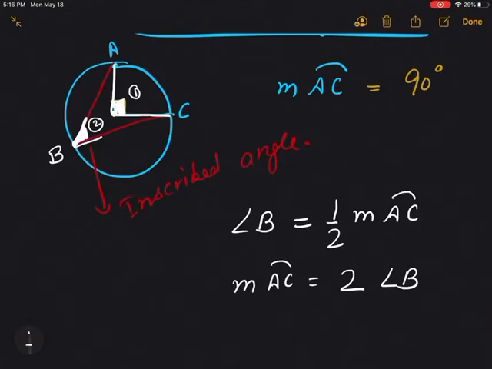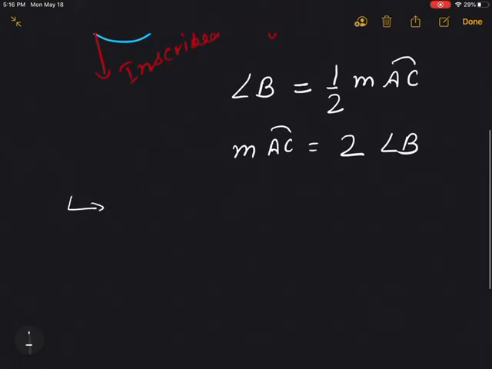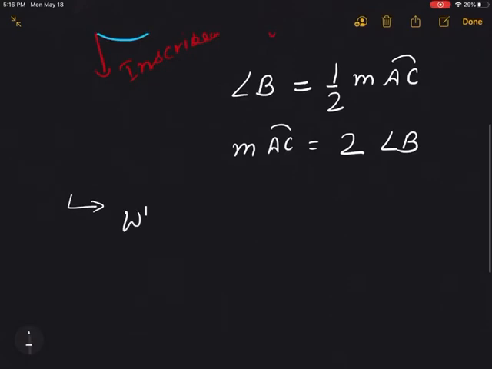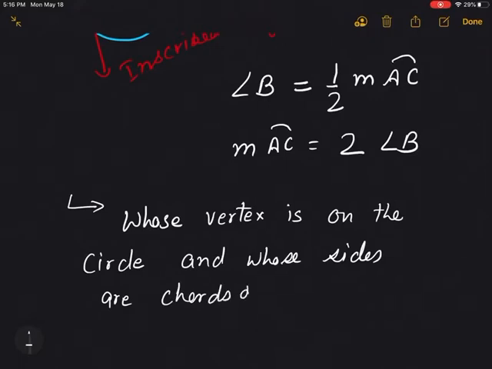If you want a quick definition: an inscribed angle is an angle inside the circle whose vertex, or you can call it the edge, is on the circle and whose sides are chords of the circle.